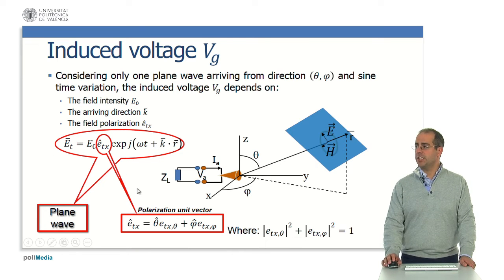Also, the polarization unit vector can be divided in function of the theta and the phi components.